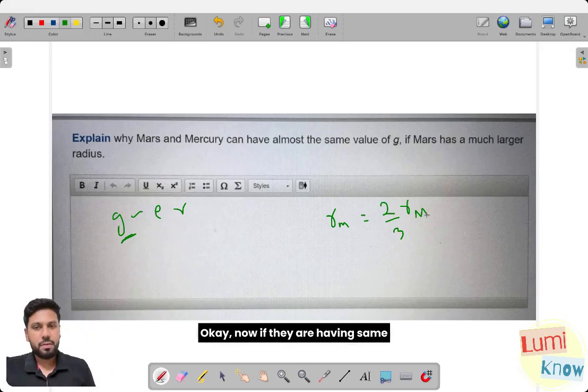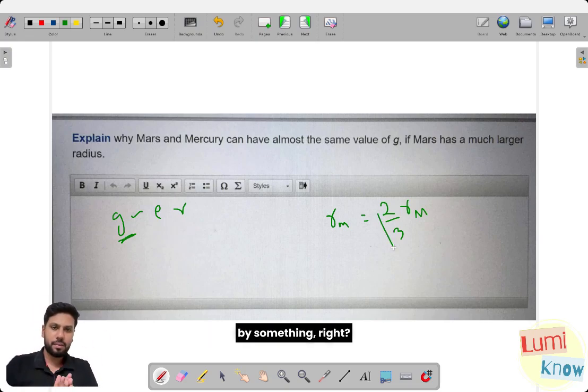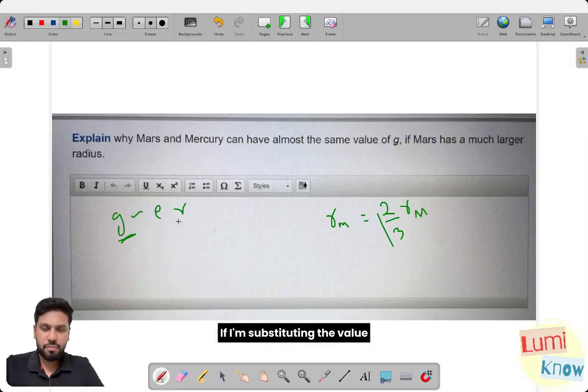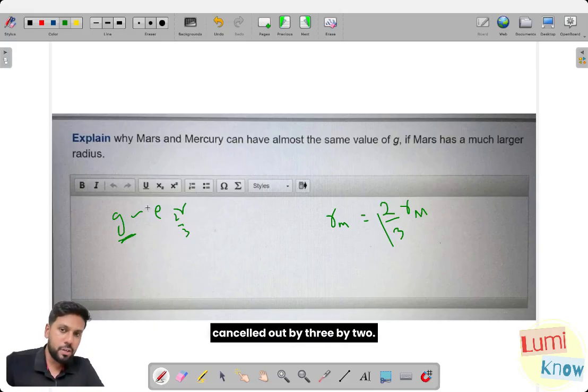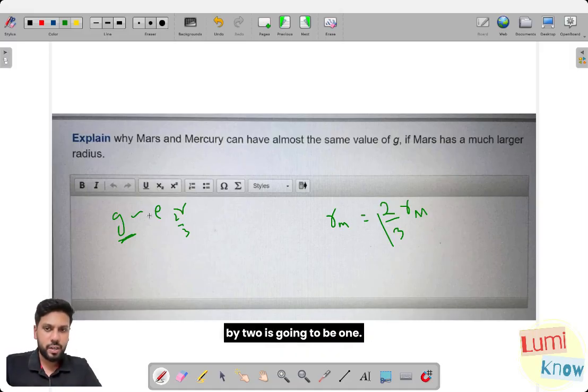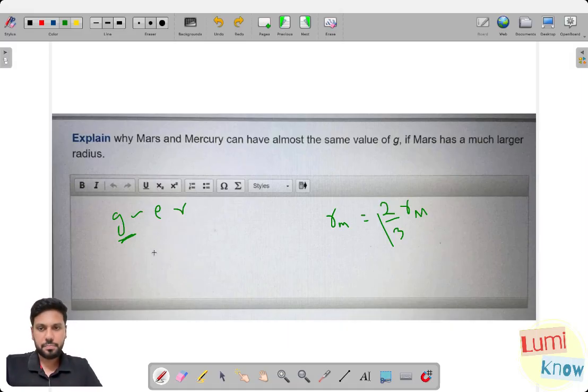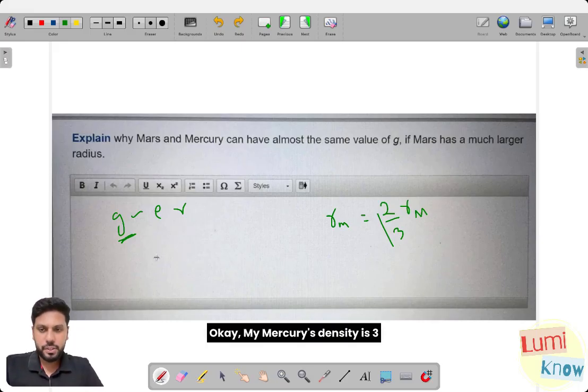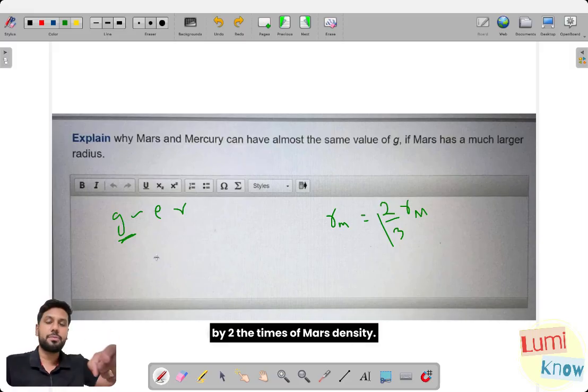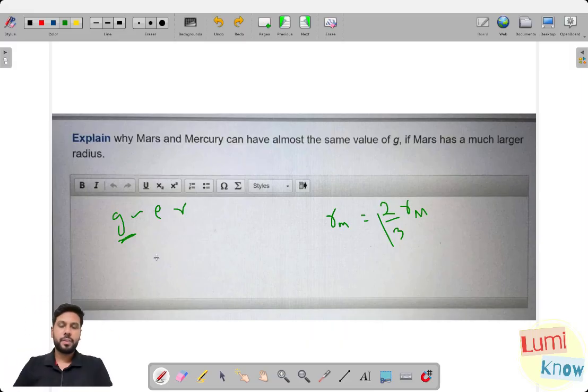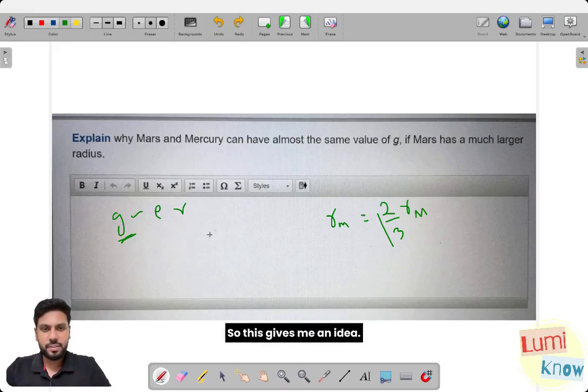Now, if they have the same g value, listen carefully, that means this 2/3 has to be cancelled by something. If I'm substituting the value of 2/3 here, it has to be cancelled out by 3/2. So 2/3 into 3/2 is going to be 1. That clearly means Mercury's density is 3/2 times the density of Mars. So Mercury is denser.